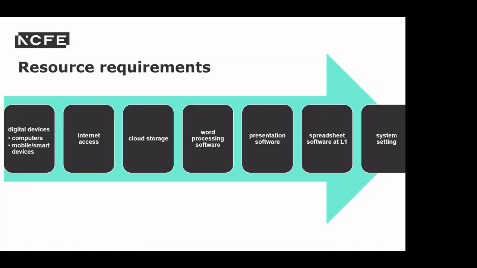Now, when it comes to the resource requirements that you will need, centres must ensure learners have access to suitable resources to enable them to cover all the appropriate learning outcomes. Digital devices such as desktop or laptop computers must include audio and video functionality, and a mobile or smart device is also useful through the delivery of the qualification.